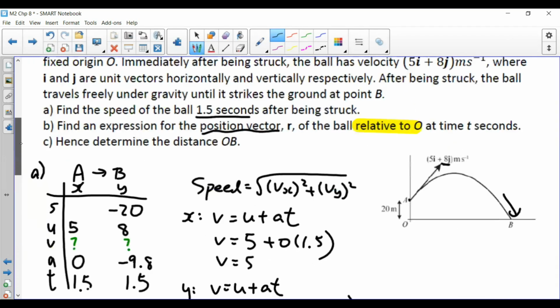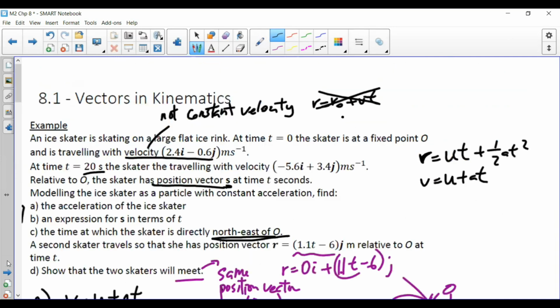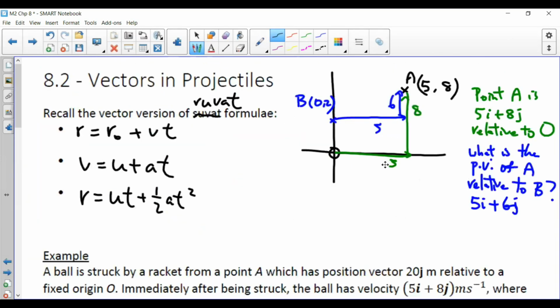So the position vector relative to O is, now, the position vector of A is 20 meters above O. That means if we have to start counting from O, we have to add another 20 meters vertically, because this position vector we got is from A. In other words, if we go back to when we described relativity in the beginning, we're given 5i plus 6j, a position vector of a point relative to a point above O. If I want to find a position vector relative to O, which is 2 above B, then I have to add the 2, so it becomes 8j.